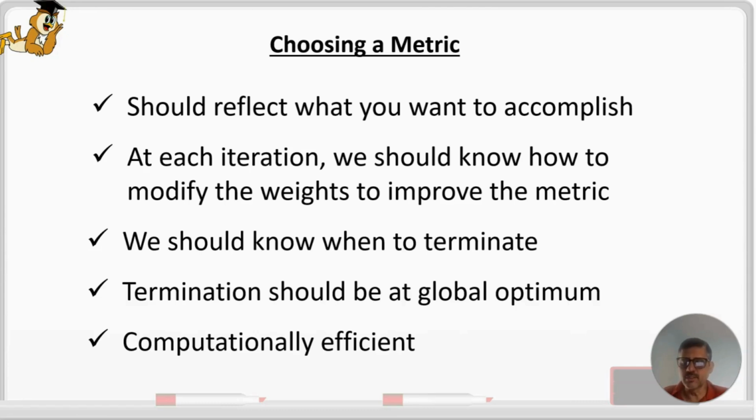So you will have to assume this at the moment. Computationally efficient: this is a problem we have not addressed, and this is what we are going to address now. The first four criteria have been nicely addressed by the gradient descent approach, as we called it. Now let us focus our attention on computational efficiency.